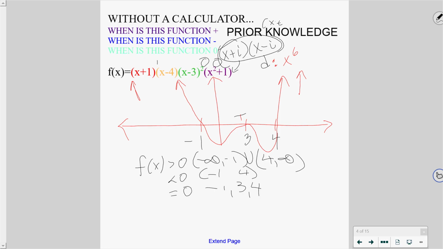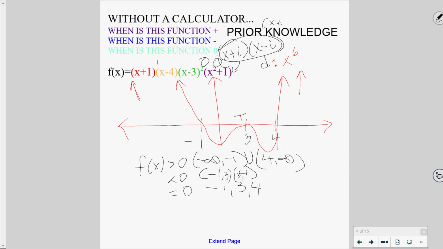Are you guys okay with him saying -1 to 4? Right? Why not, Charlie? Because it's tangent at 3, so it's -1 to 3. Is that okay, Dakota, right? Because he said tangent, I'll say equal to, right? It's equal to 0 at 3, so it's not less than, so you're going to go -1 to 3. Right? Is that good? All right.